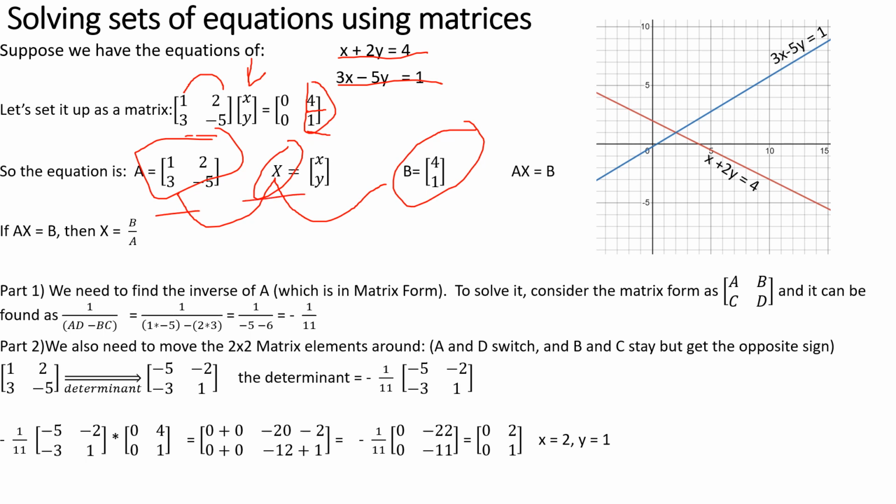So Ax equals B. And if Ax equals B, then x equals B over A. In other words, my answers here, let me try this again, 0, 0, 4, 1, divided by 1, 3, 2, negative 5 is going to give me what my x and y are.